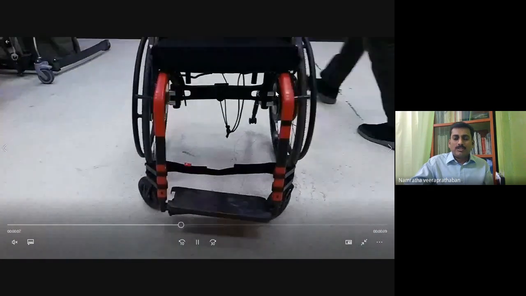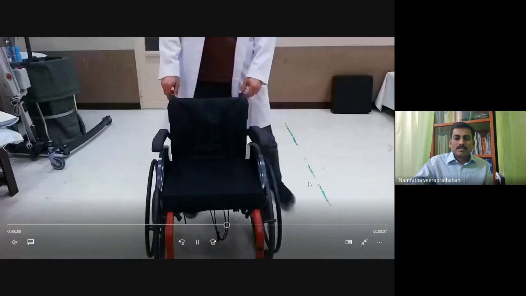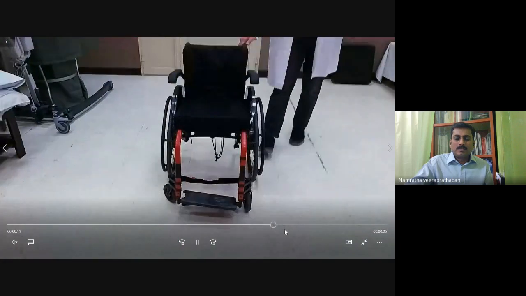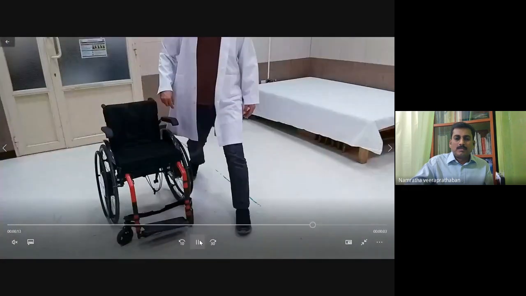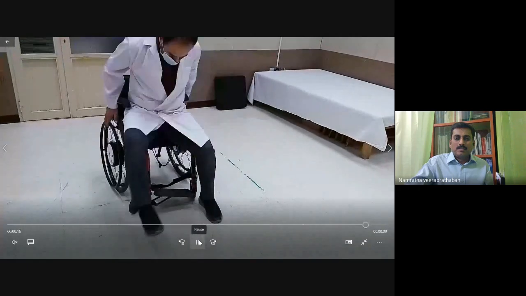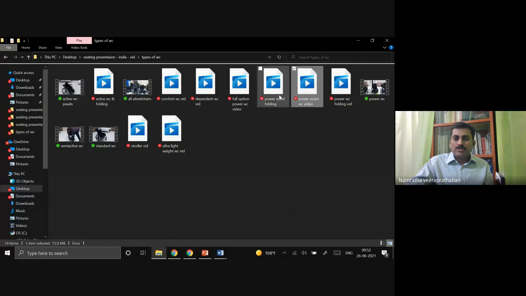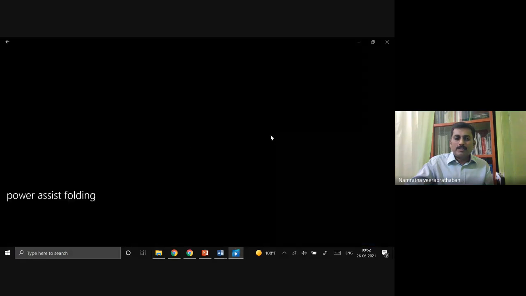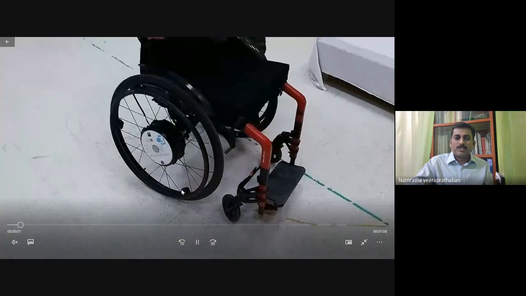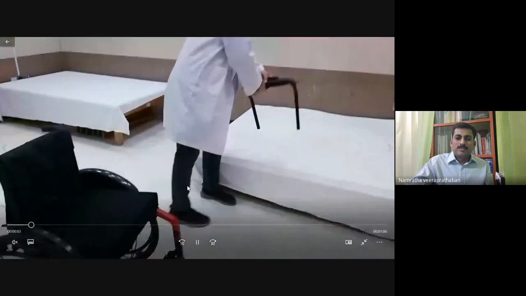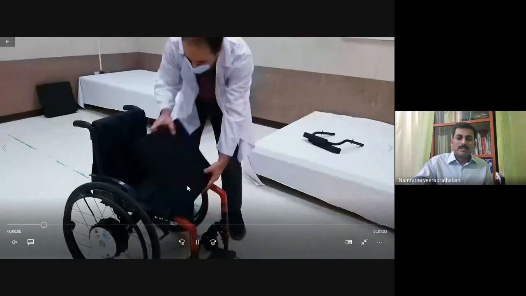And this is a rigid wheelchair. I'll show you one more video of how we fold this power assist wheelchair. We have seen folding the same way. There is not much difference.